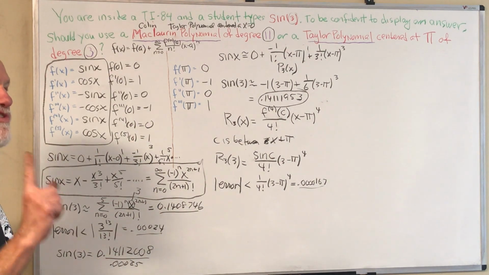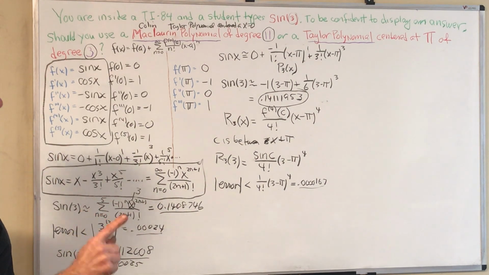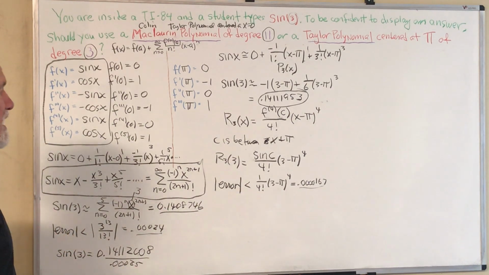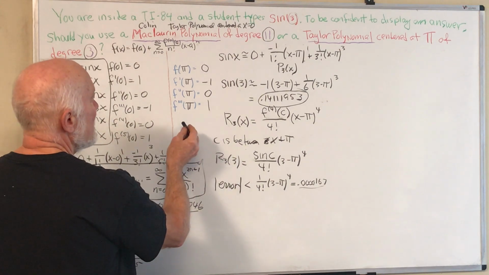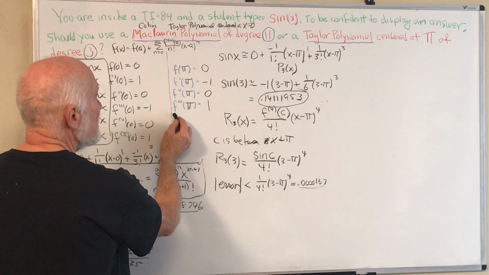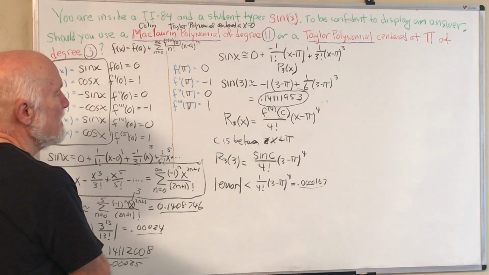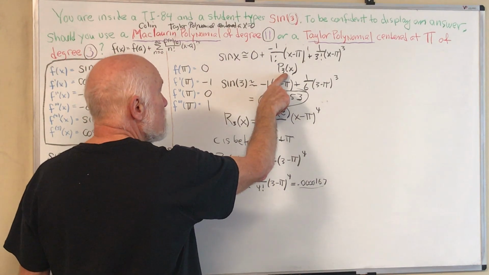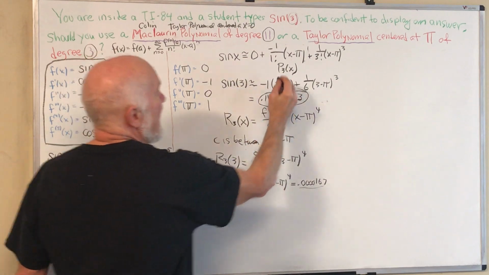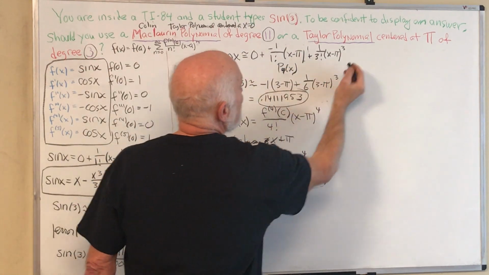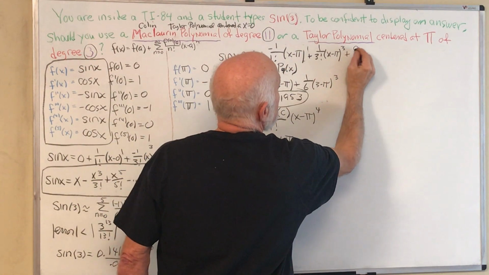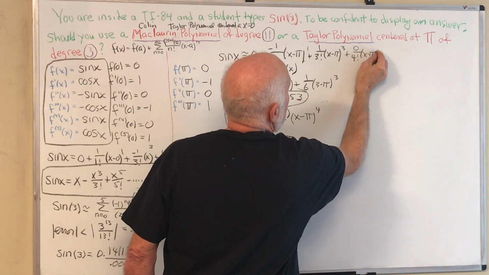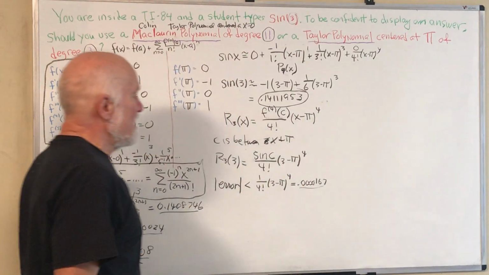And I'm even going to go one step further. This is a little bit of a subtlety, but you might as well learn it now. Because the next derivative would be 0, P3 of x is the exact same thing as P4 of x. Because if I added and made that P4 of x, you'd just get x minus pi to the 4th, but it would be 0.